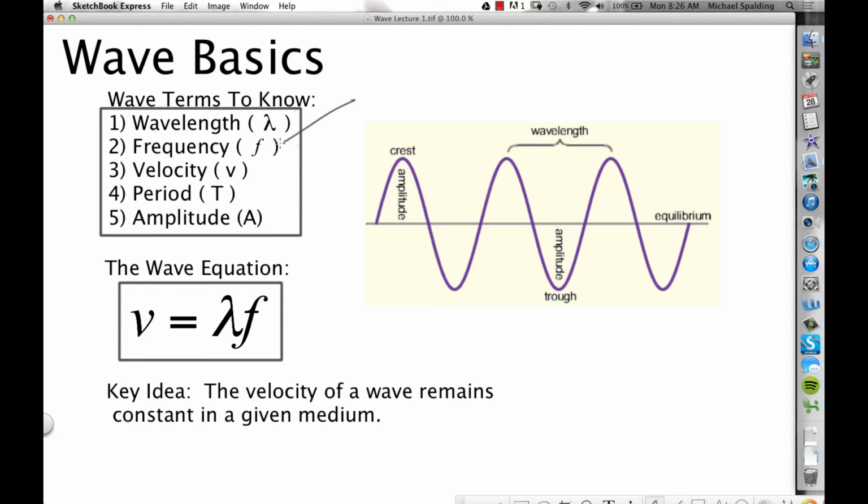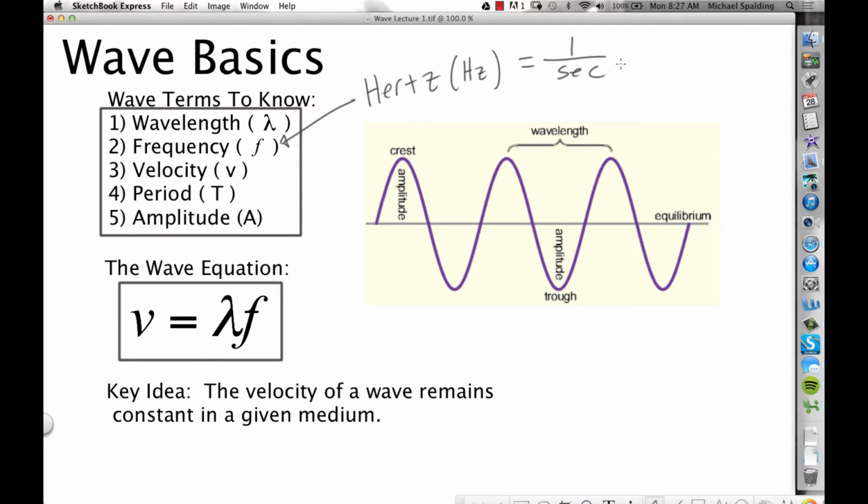Now in physics, are we going to be per month or per week, per day, per hour, or per second? What's our unit for time in physics? Second. So the unit for frequency is called the hertz. And a hertz, we abbreviate it Hz, and a hertz is literally 1 over a second.